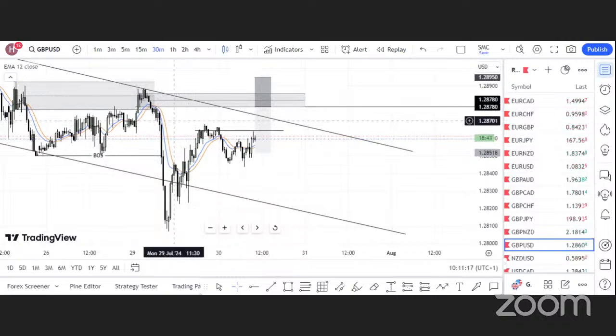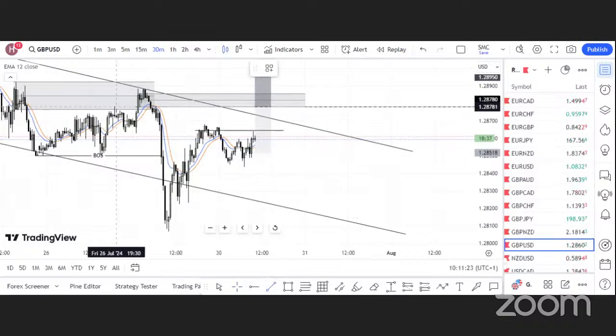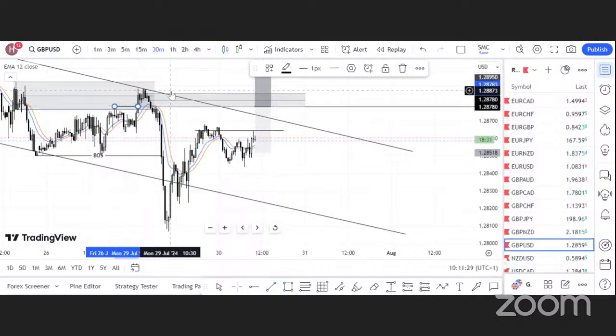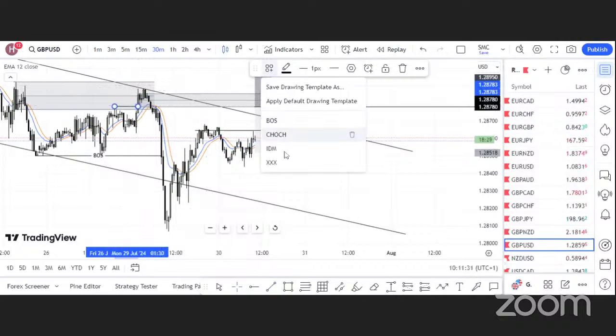So, for example, we have a liquidity here, we have a liquidity right here.